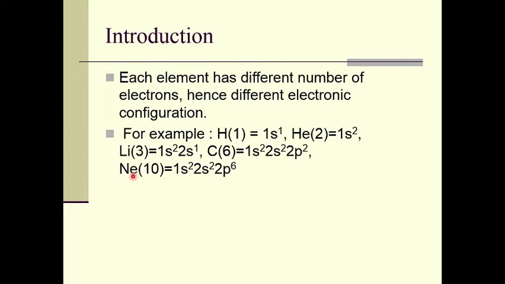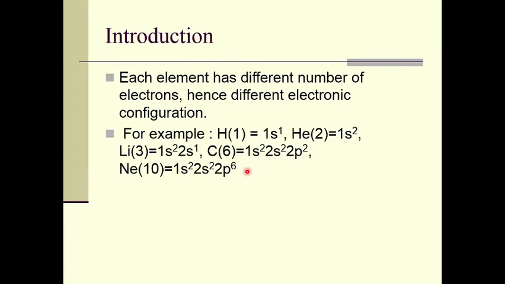Similarly, in the case of neon, what we have is the second shell, which has the s and p orbitals. The total number of electrons in the second shell is 2 plus 6 equal to 8.